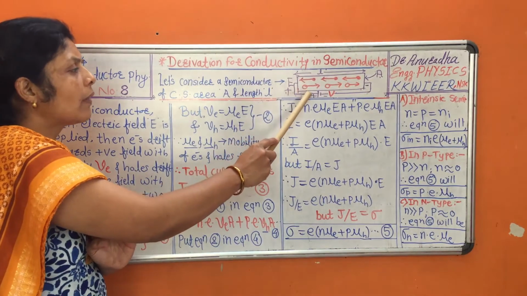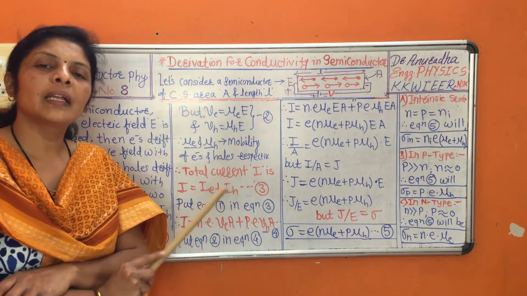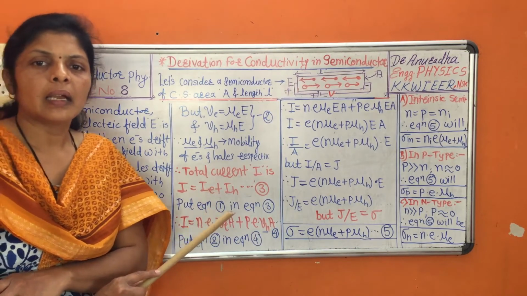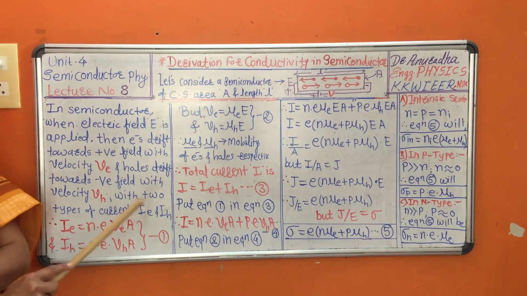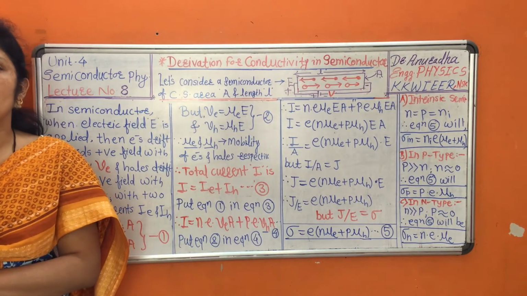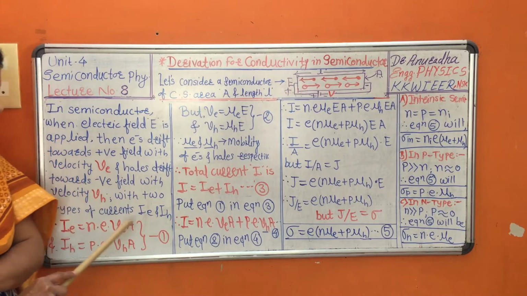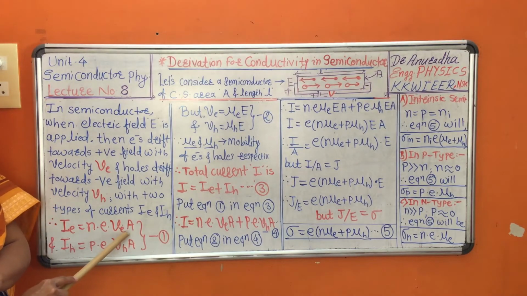Holes drift in the valence band while electrons drift in the conduction band, meaning their drifting is at different energy levels. Hence there are two types of currents: current due to electrons and current due to holes. As we studied, current due to electrons is I = nEVE A, where n is electron density, e is charge on electron, V is drift velocity and A is cross-sectional area.